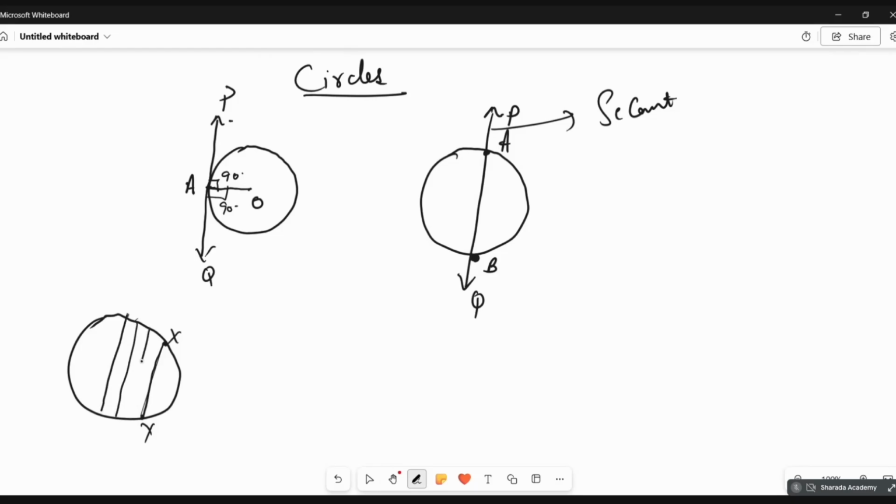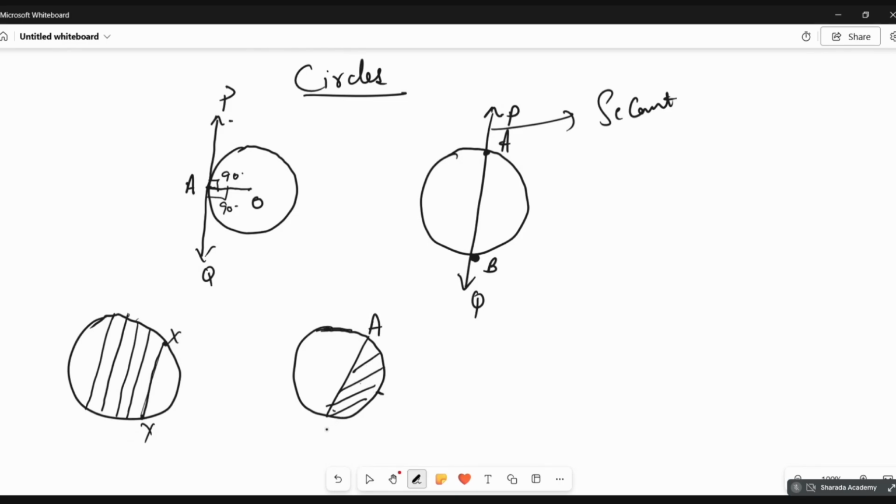All these are also chords of the circle, which connect 2 points in the circle. Whereas the secant is intersecting, that is, it crosses the circle at 2 points. Whereas the tangent is the one which touches the circle at only one point. Then we also studied about the segment and sector of the circle. If I draw like this, this portion we call the segment.